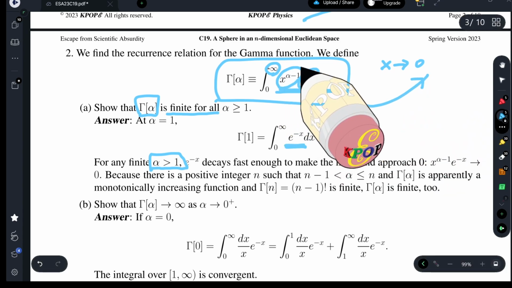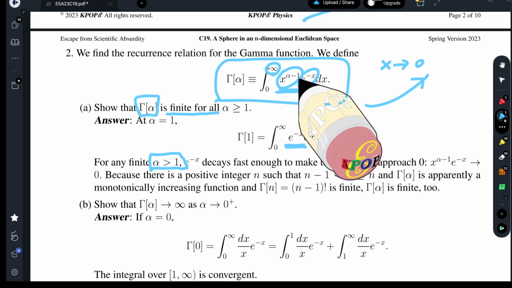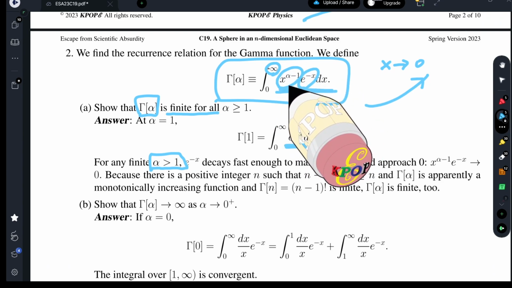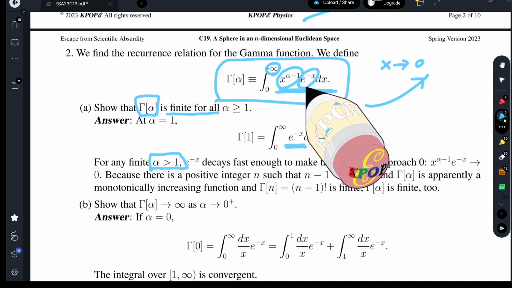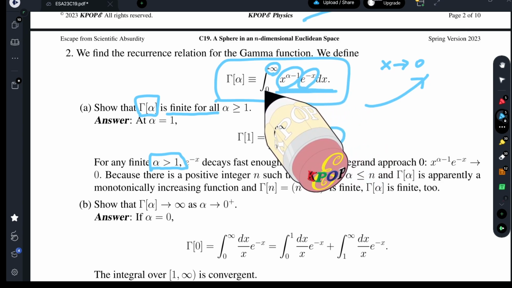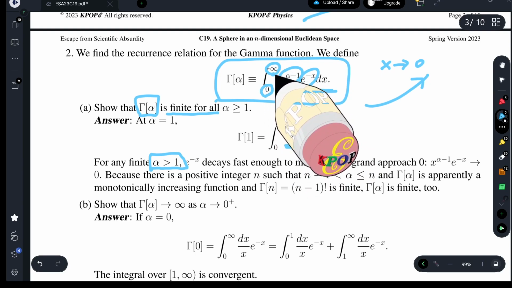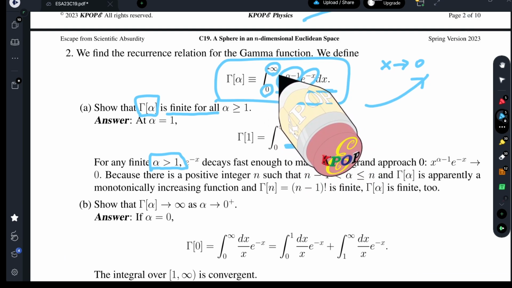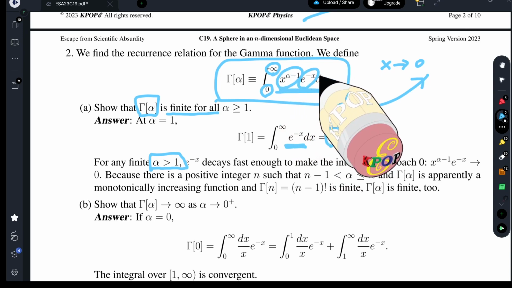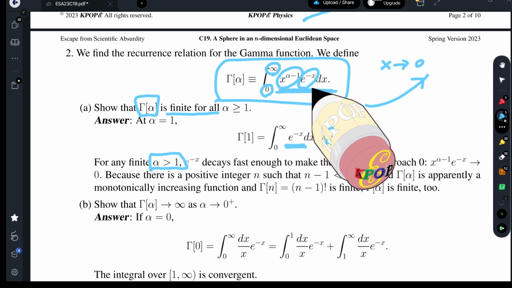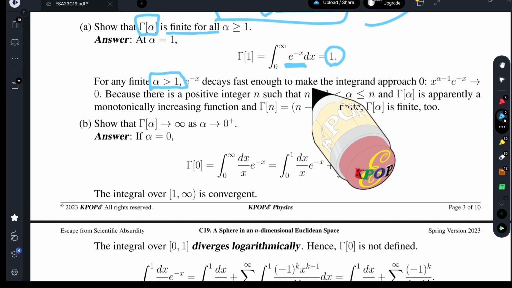However, whatever power alpha it may be, the exponential function kills it. Therefore, in both limits, as x goes to 0 and as x goes to infinity, the integral converges.